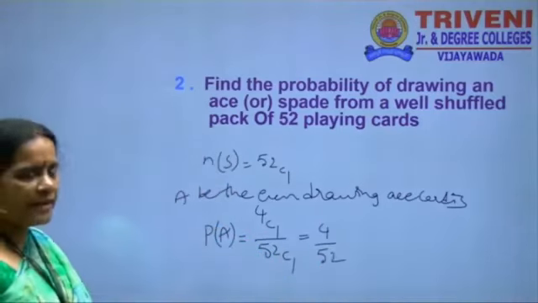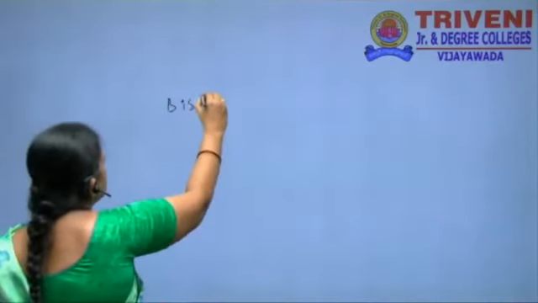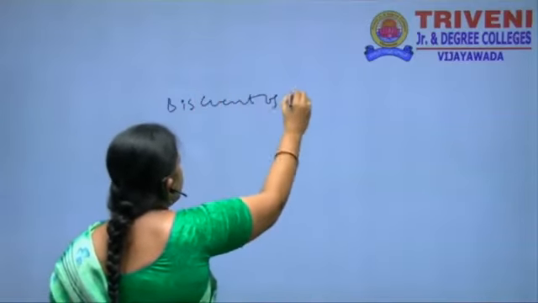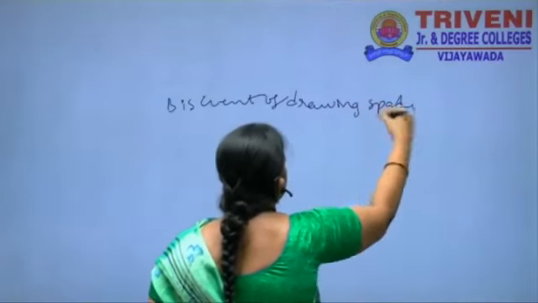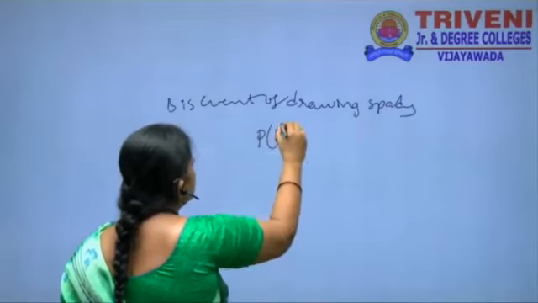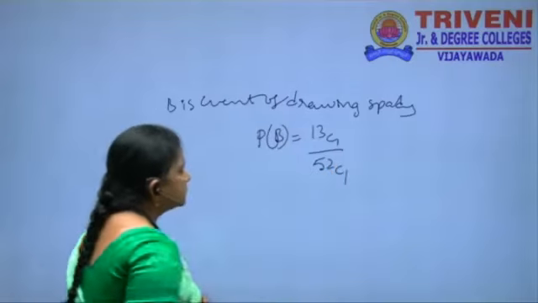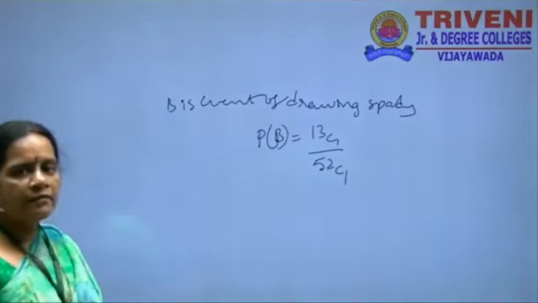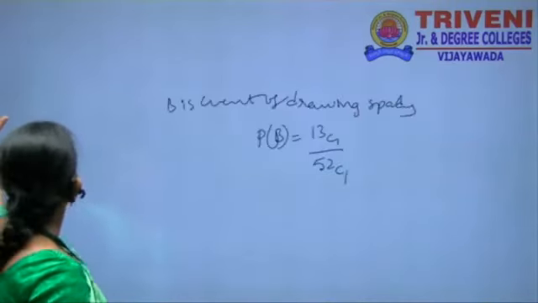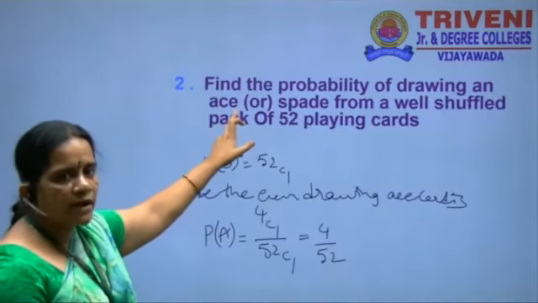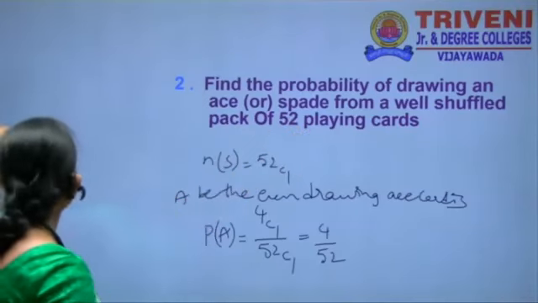And spades, how many spades are there? 13 spades. Let B be the event of drawing spades. That is, P of B is equal to 13C1 by 52C1. Okay, here one card is common: the aces have one card in common with the spades.